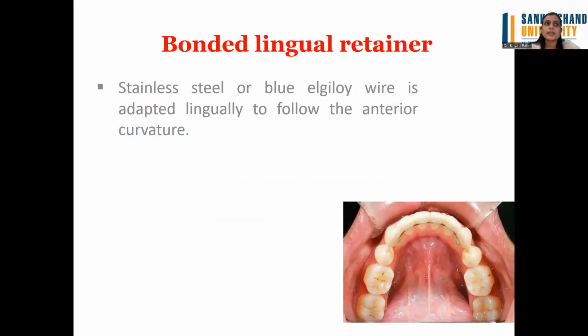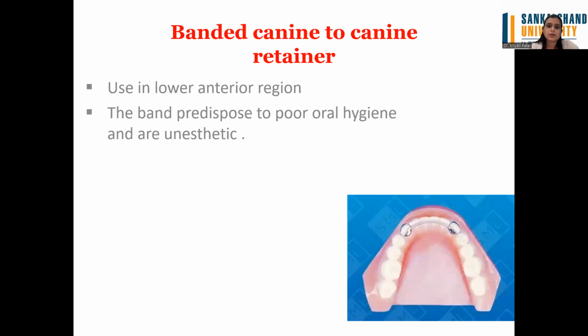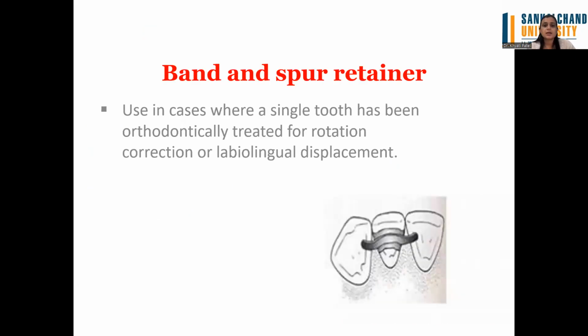Then bonded lingual retainer. Stainless steel or multistrand wire is adapted lingually to follow the curvature of the lingual surfaces. This is also commonly used, but sometimes debonding of the retainer happens and there are chances of relapse. Now banded canine to canine retainer, which is used in the lower anterior region. The band is predisposed to poor oral hygiene and it is unaesthetic, but we can maintain the lower incisor rotation correction after the orthodontic treatment with this retainer.